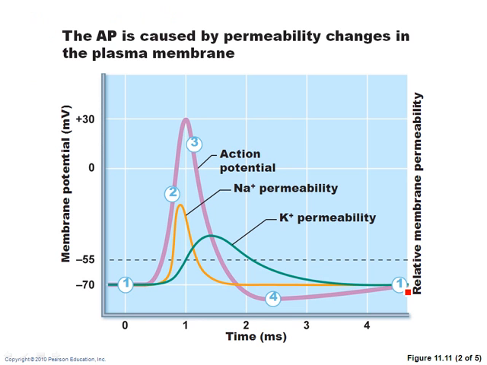All right, this is the action potential broken down to show you the movement of the different ions. Here's your action potential, the pink. During depolarization, there's your sodium coming in. Sodium permeability is going up. You reach the top of depolarization, and sodium permeability starts to come back down. At the top of the action potential, you start to see potassium permeability changing.